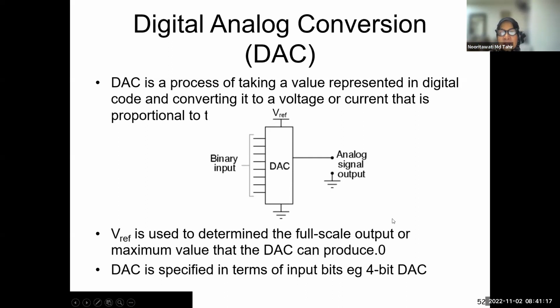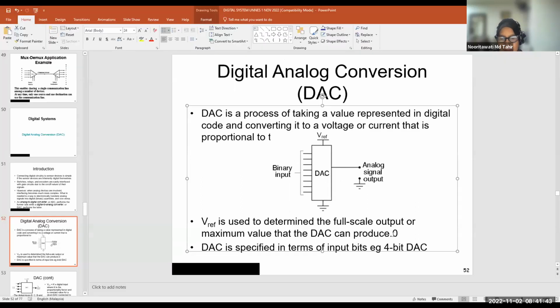Usually we have a reference voltage that we use to determine the full scale output of our digital to analog conversion. For this example we will use a 4-bit DAC.